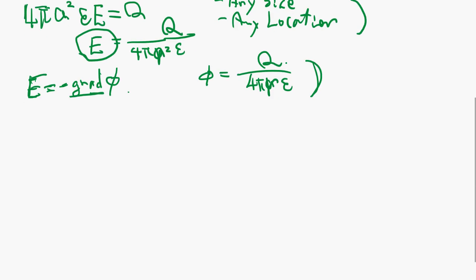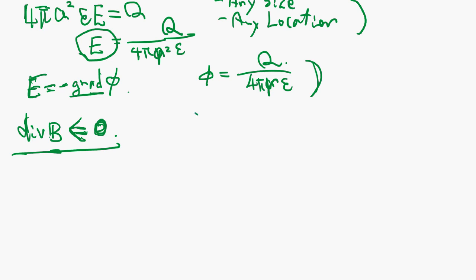Now how about divergence of B? The next equation is 0. So nothing causes B. Well, B doesn't yield anything, but nothing can cause B. What does this mean?